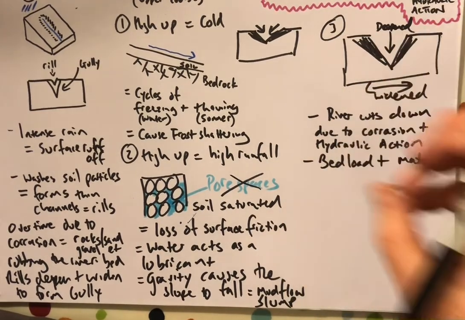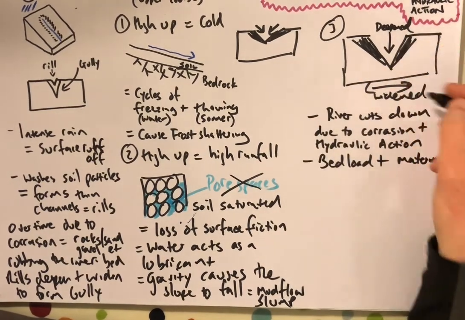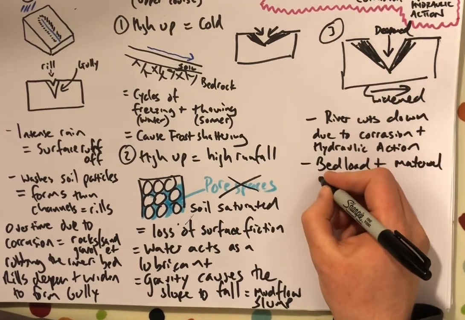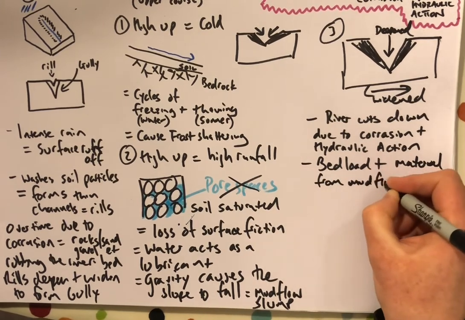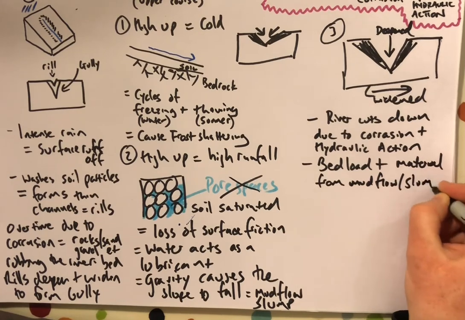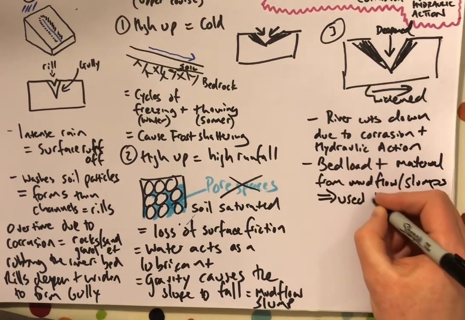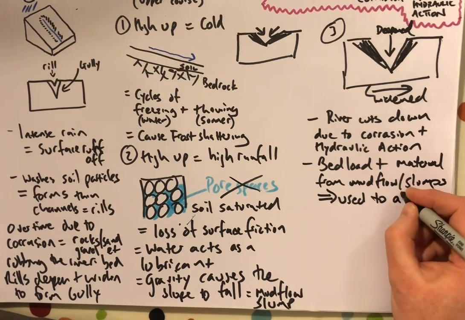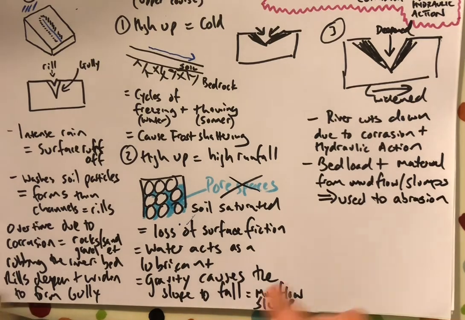And rocks that are transported in the river, or material that has fallen from the sides into the river, from mud flow or slumps, cause abrasion.